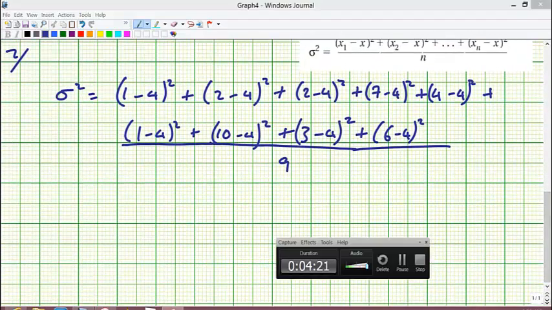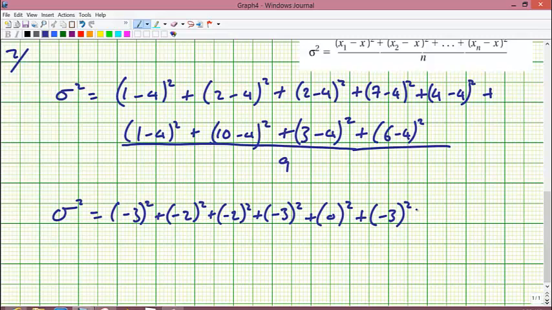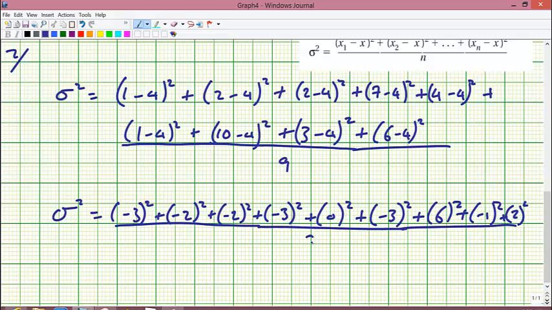Okay? So let's do that little problem. So sigma squared equals negative 3 squared plus negative 2 squared plus negative 2 squared plus negative 3 squared plus 0 squared plus negative 3 squared plus 6 squared plus negative 1 squared plus 2 squared, over 9.